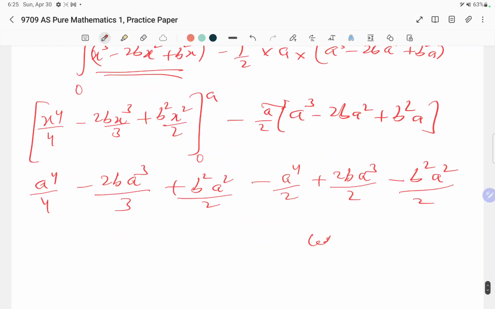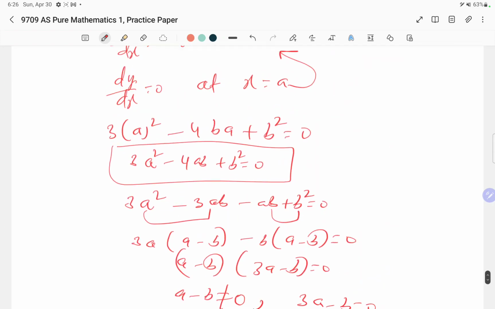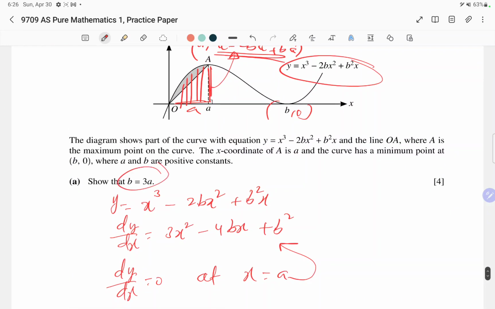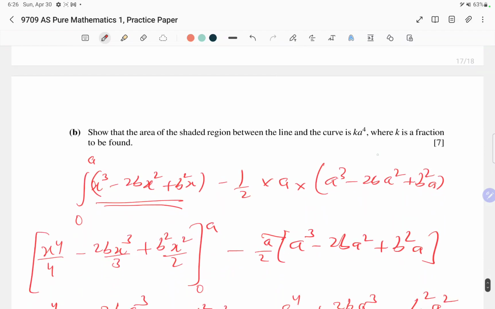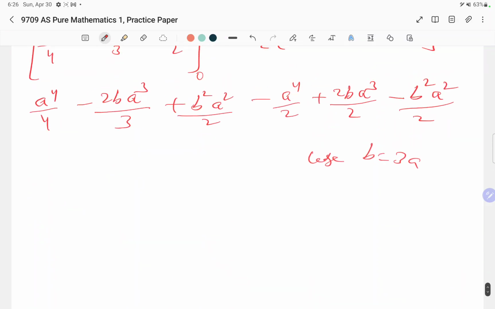Now use b equals 3a, which we found, because we have to give the answer in terms of only a to the power 4.